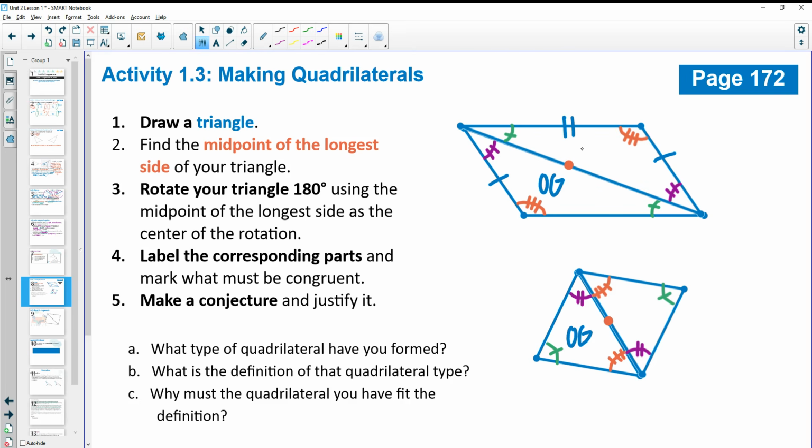Orange and green here matches orange and green here. And then we have that middle segment, which you can mark up if you want to. The middle segment is in both of those. Down here, a similar idea. This side is congruent to this one. This side is congruent to this one. And then that middle one.